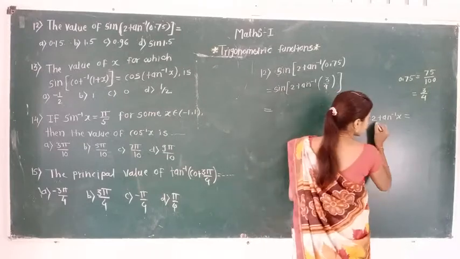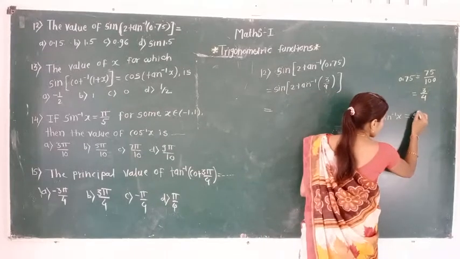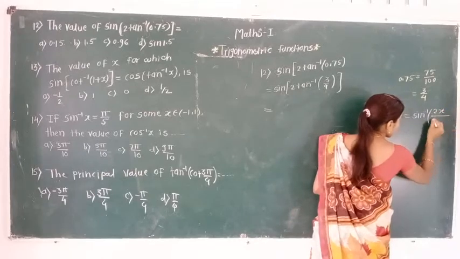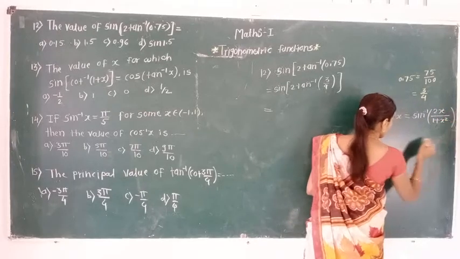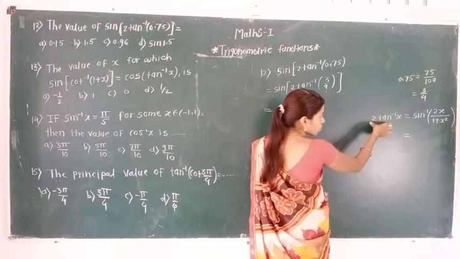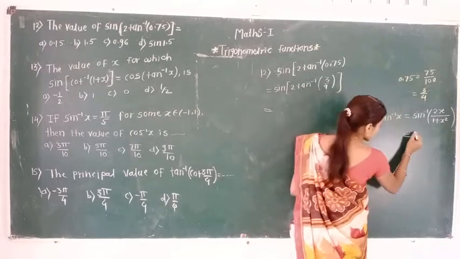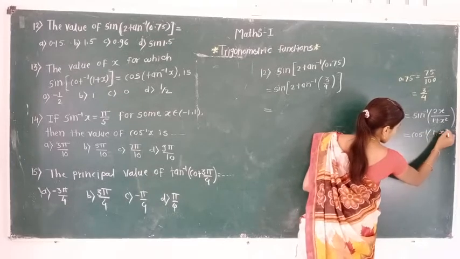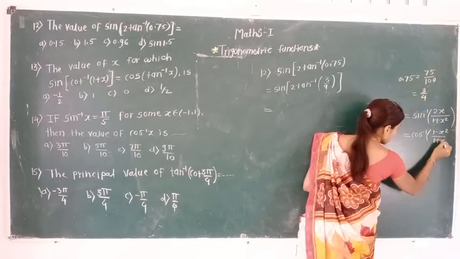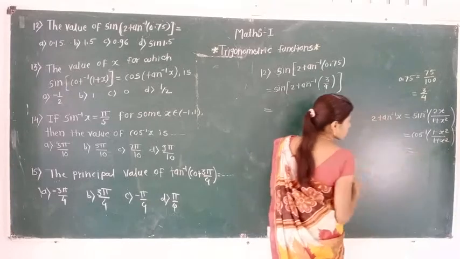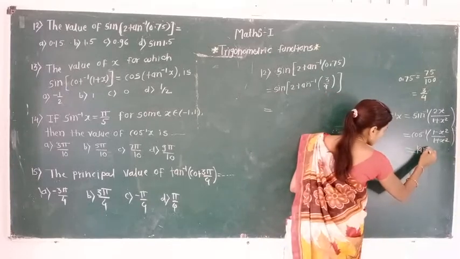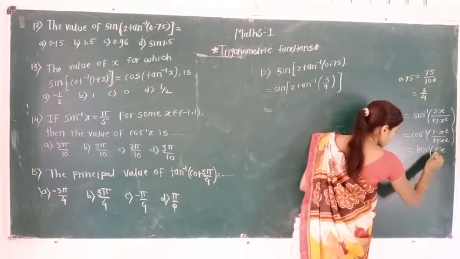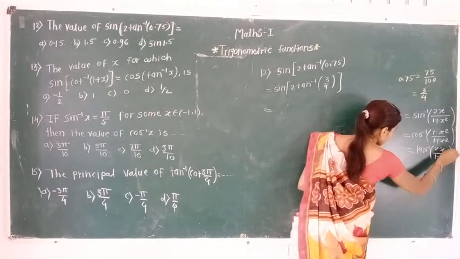So we know that 2 tan inverse x is sine inverse of 2x divided by 1 plus x square. 2 tan inverse x we can also write as cos inverse in bracket 1 minus x square divided by 1 plus x square, and it is also equal to tan inverse in bracket, the ratio of these two terms, 2x divided by 1 minus x square.